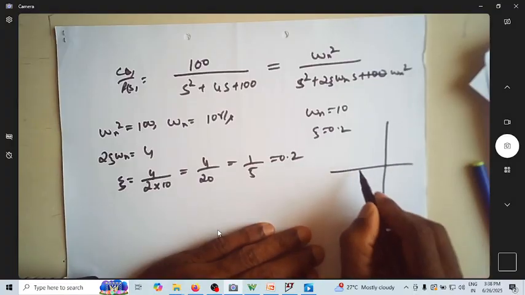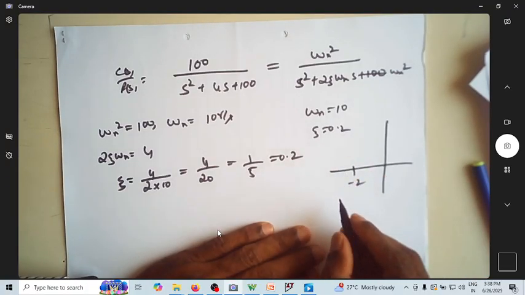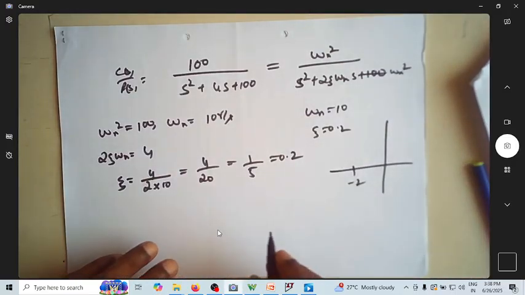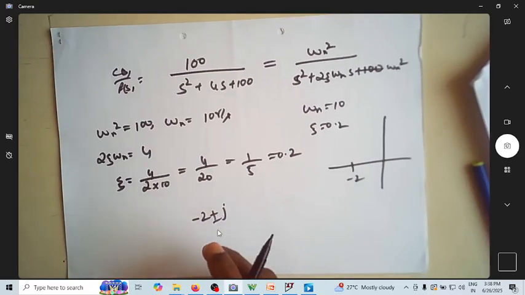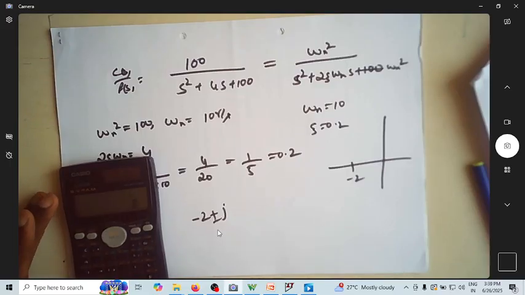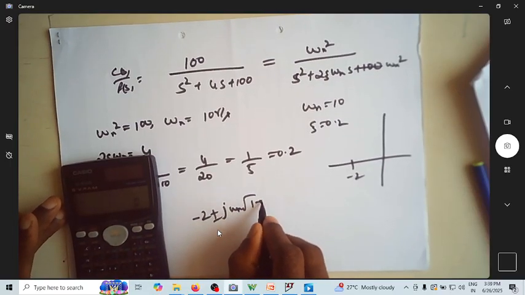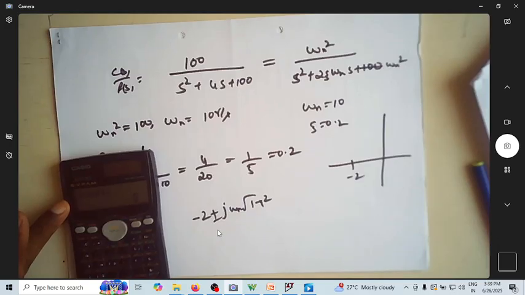So once you know omega n, which is 10, and zeta as 0.2, you can actually locate the poles also. Where are the poles? The poles are at -2 as the real part, and the imaginary part is plus or minus j omega n under root of 1 minus zeta square, that is 10 into under root of 1 minus 0.2 whole square.